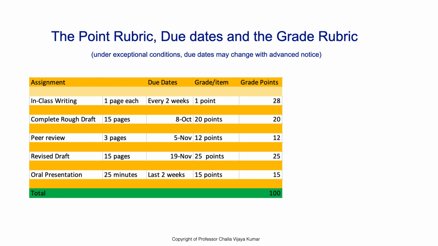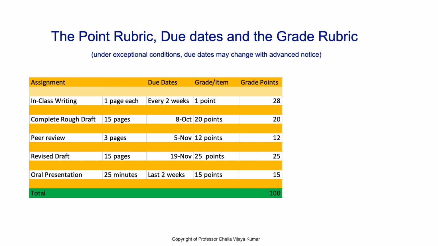So the final draft should be ready for publication in a scientific journal. 15 pages, due on the 19th of November, just before the Thanksgiving break, so that you don't worry about the draft during the break. 25 points. So by far, that's the most important grade, the largest amount of grade that you want to earn in this course.